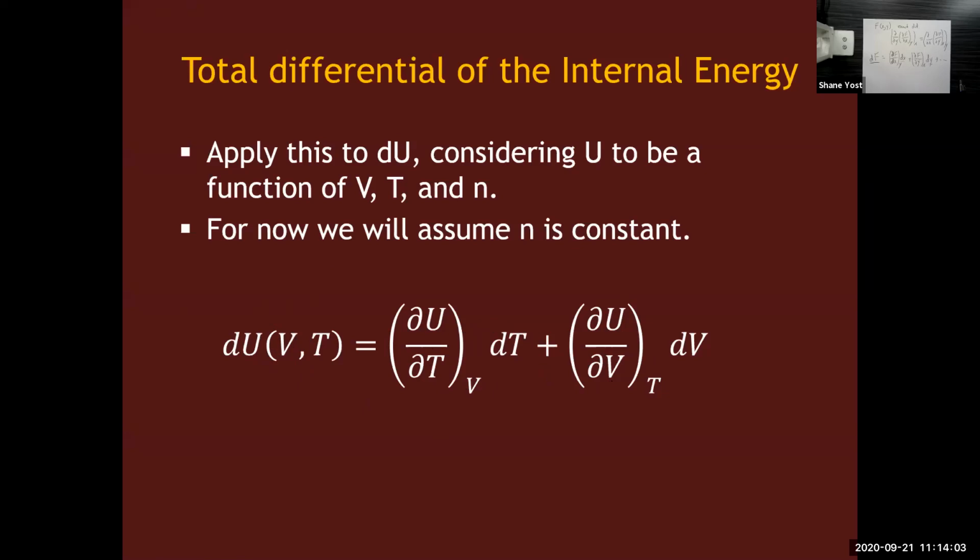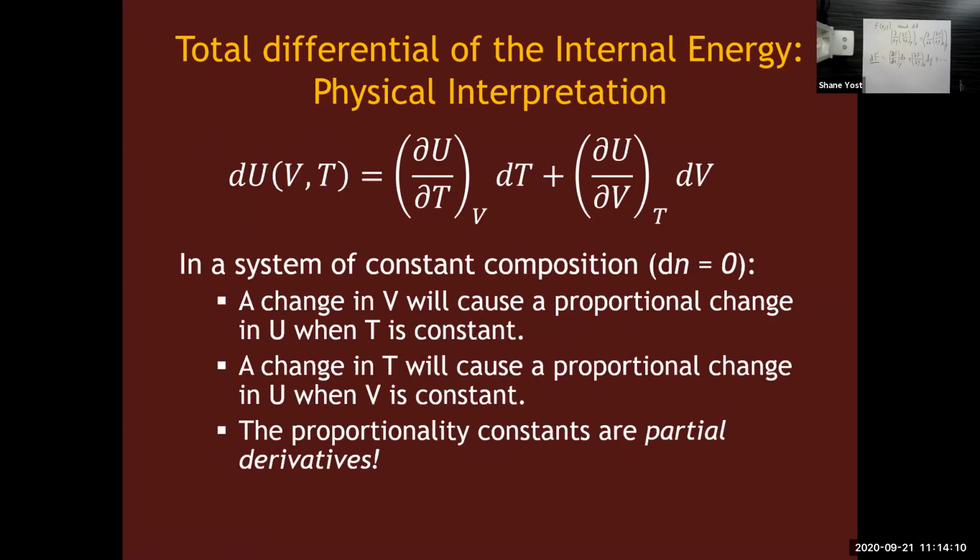We have different names for what these derivatives are. This change in temperature corresponds to a change in internal energy based off of this proportionality constant, which is just your slope, the partial derivatives.